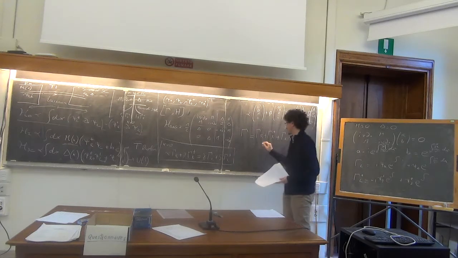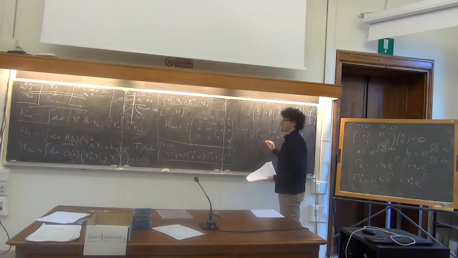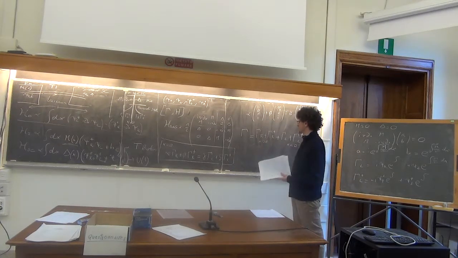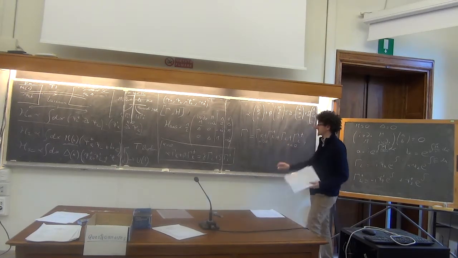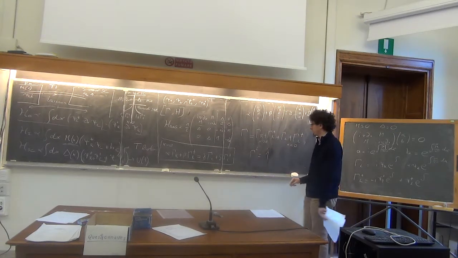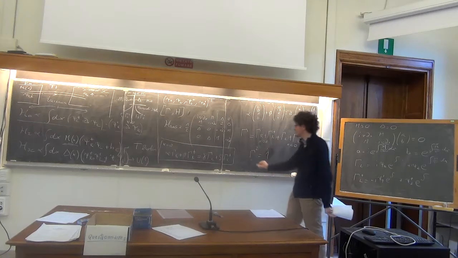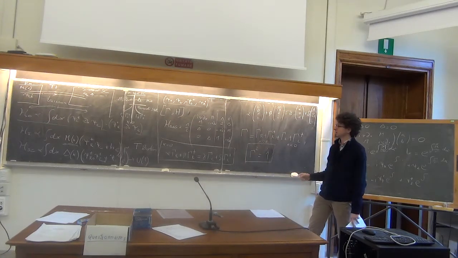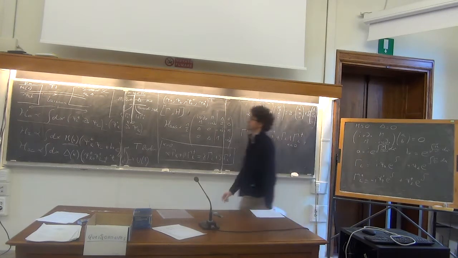So this is for x greater than 0, and this is for x smaller than 0, and at x equal to 0, they match. But this is a real operator, so essentially gamma squared is equal to 1 once you normalize. So you may demonstrate that this is a Majorana zero energy mode, which is localized in this interface.